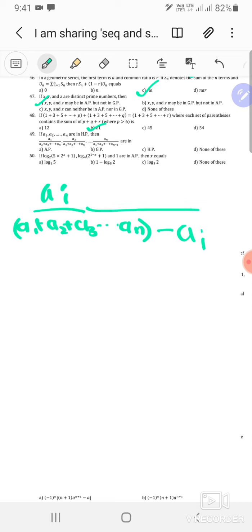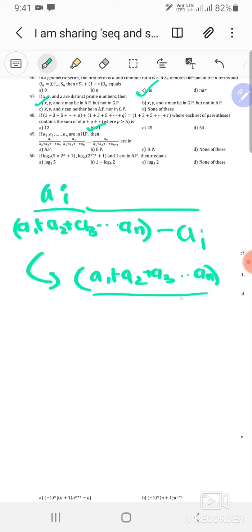Okay, so what now? I think that it will give me something like a harmonic progression, because if I flip it over, if I take the reciprocal, that will give me (a1 plus a2 plus a3 all the way till an) upon ai, minus 1.